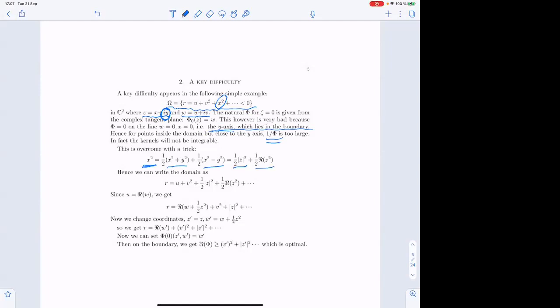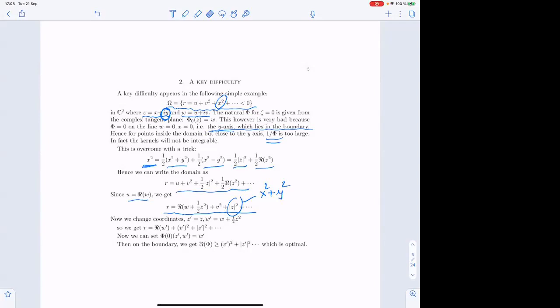Then you can write the domain by replacing x squared by this new expression, so r becomes this, and u is the real part of w. All in all, you write the defining function r as the real part of some holomorphic function plus v squared, and now you have plus the norm of z squared, so x squared plus y squared now appears.